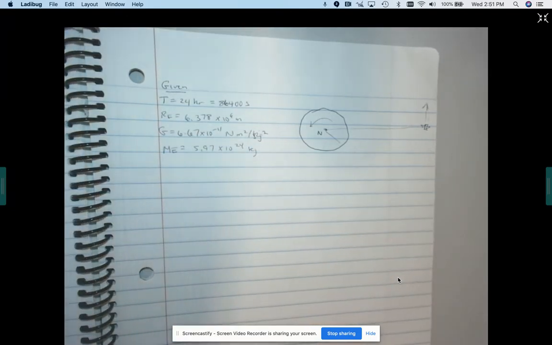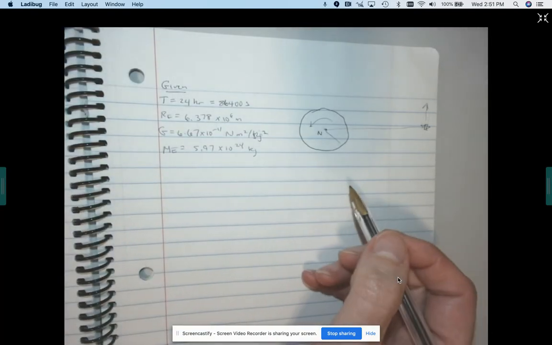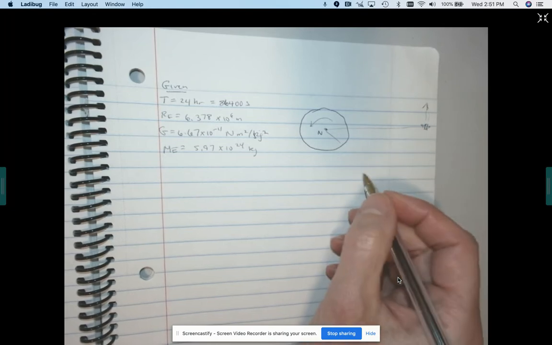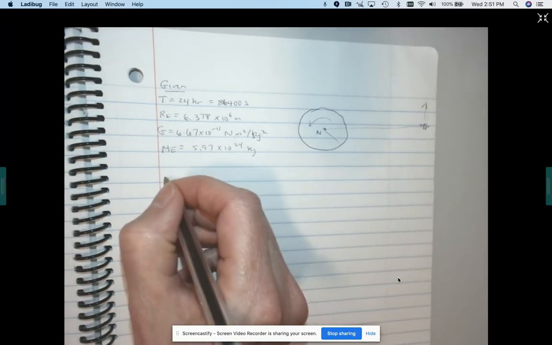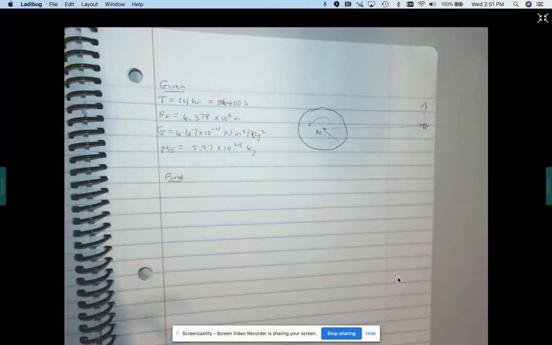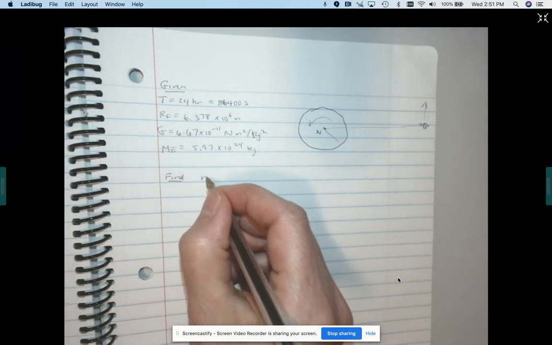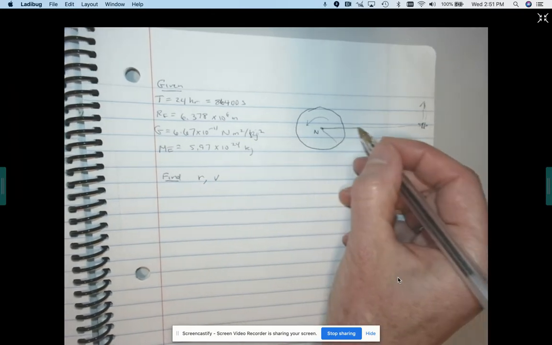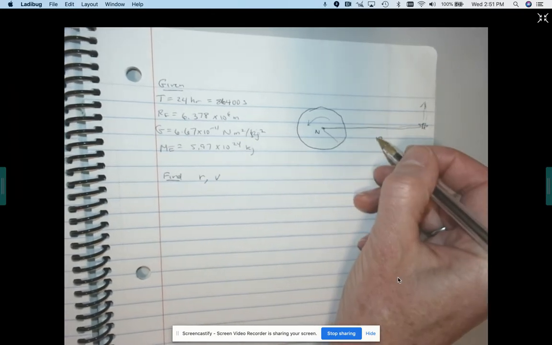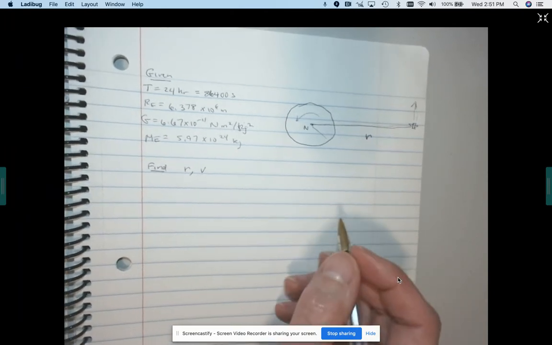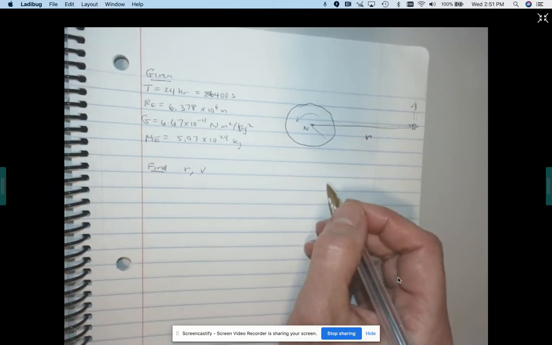Okay. All right, so let's think about the free body diagram of the satellite. What we want to find, right, is first the radius of the orbit, and then also the speed. And so this is my distance r. This is a circular motion problem where gravity is providing the centripetal force.